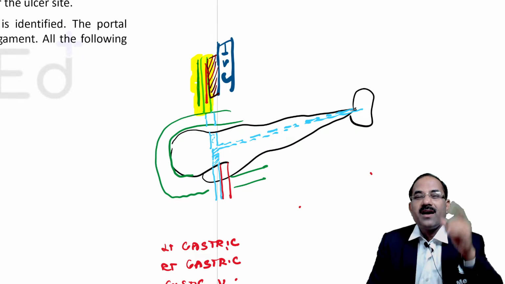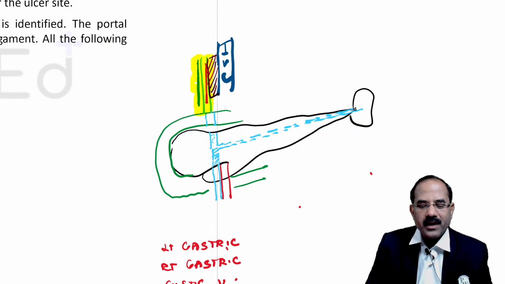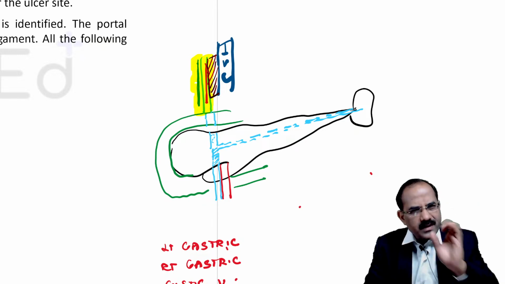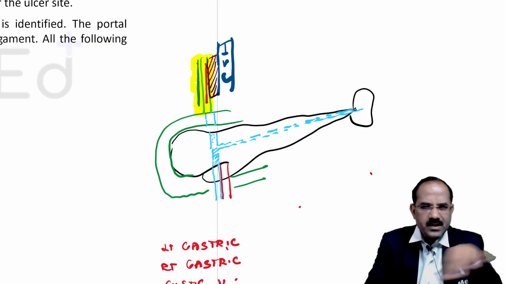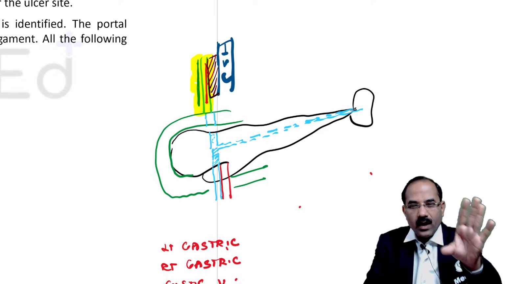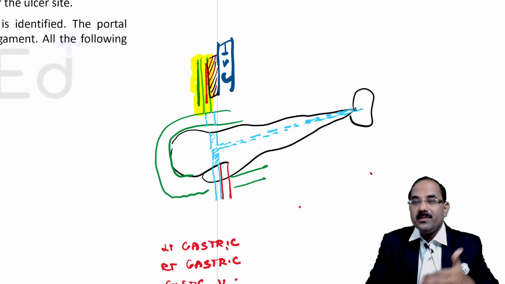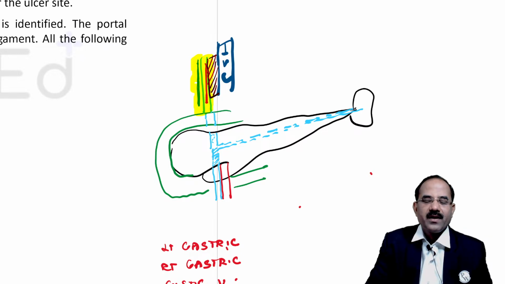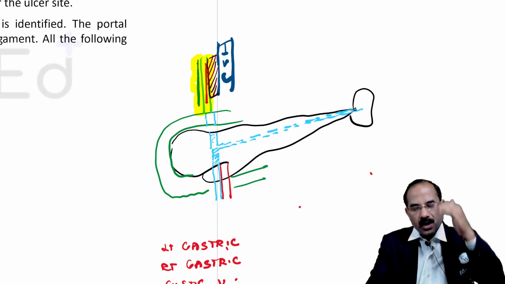The posterior relation is the IVC. Posterior is IVC, anterior is the lesser omentum containing these three structures. But if you have to select only one out of these three that lies immediately anterior, which is the most immediate anterior? Portal vein. Right.